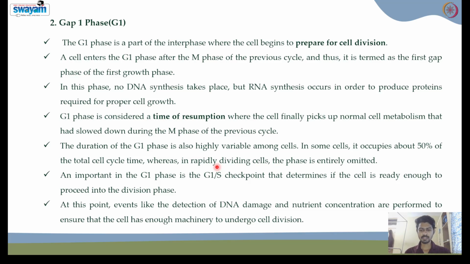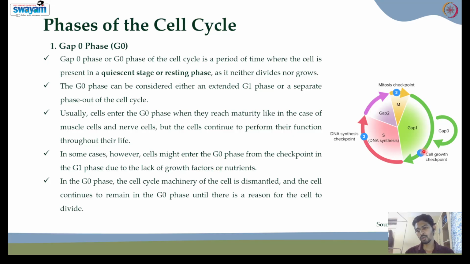So in order to pass from G1, that is gap 1, to S phase, they will have a checkpoint here. And this checkpoint checks whether the cell is ready for DNA synthesis or not. Whether the cell has produced enough proteins or carbohydrates and other materials that can handle the DNA synthesis.